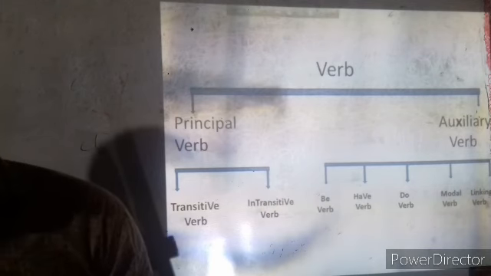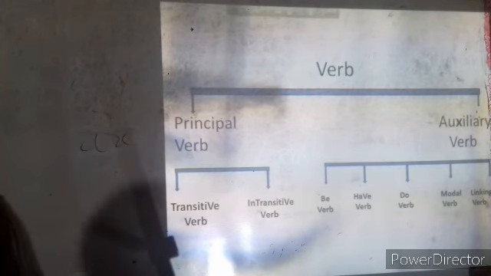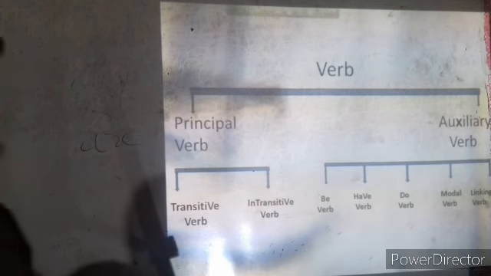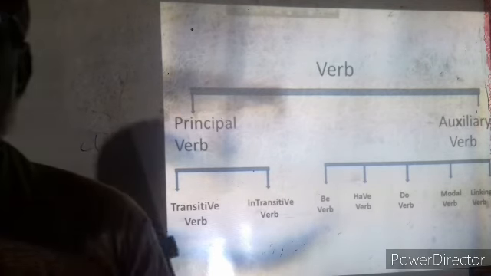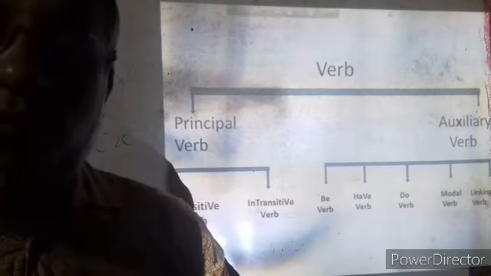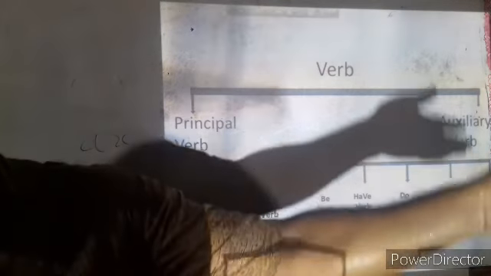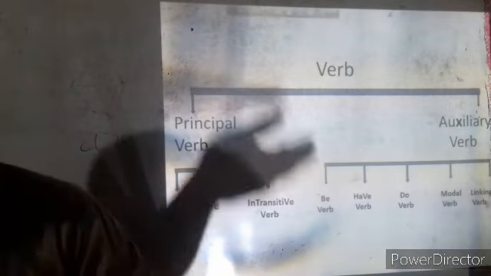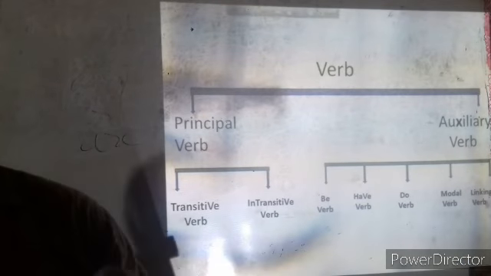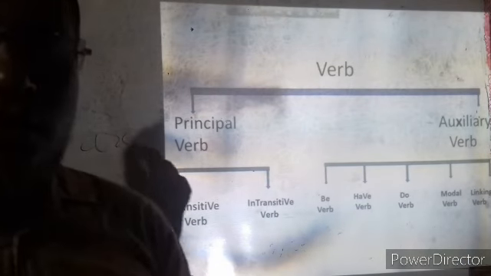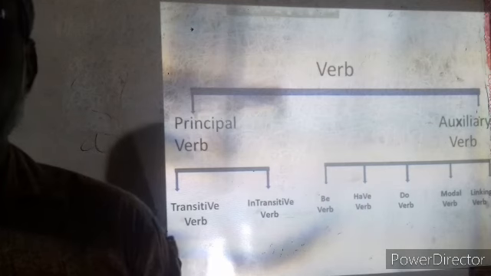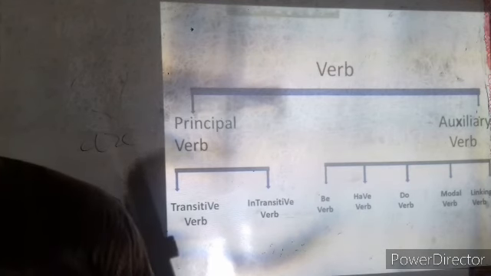My dear student, I would like to repeat it again. When any kind of auxiliary verb is used or acts as a principal verb in a sentence, then it will be called linking verb. Suppose, I am a student.